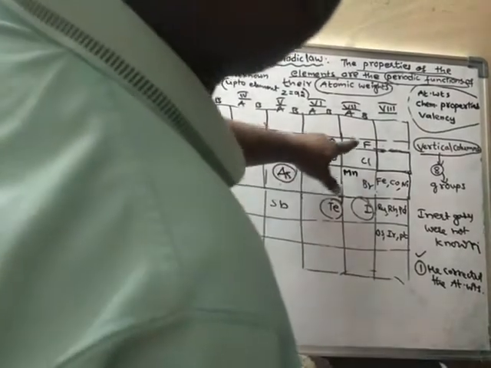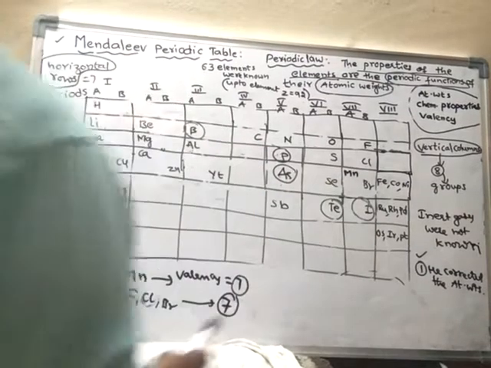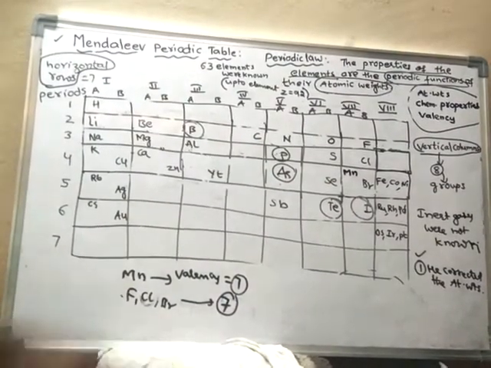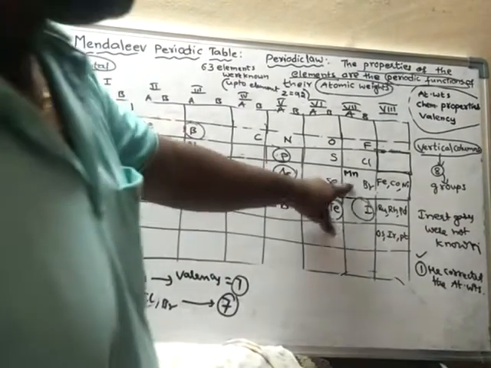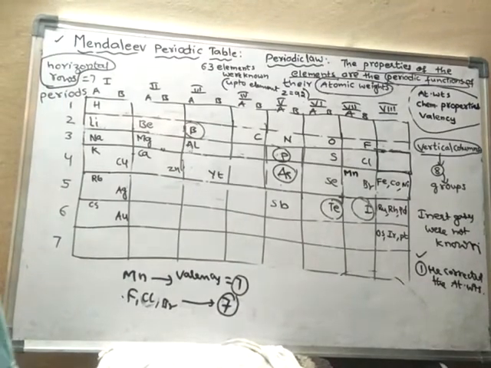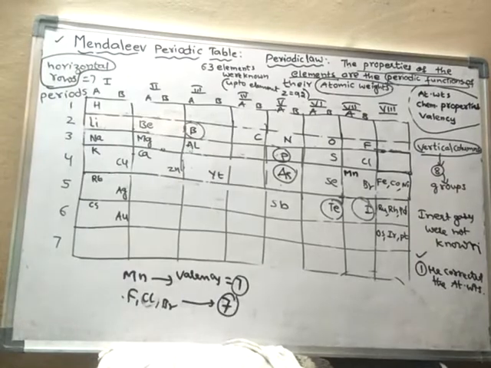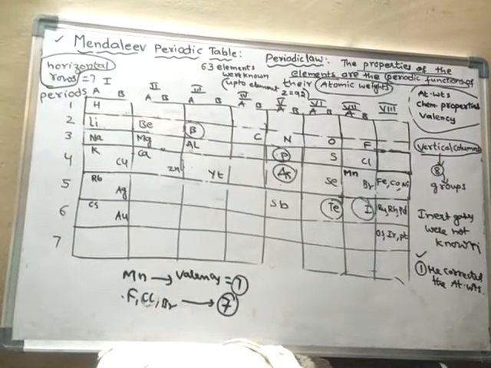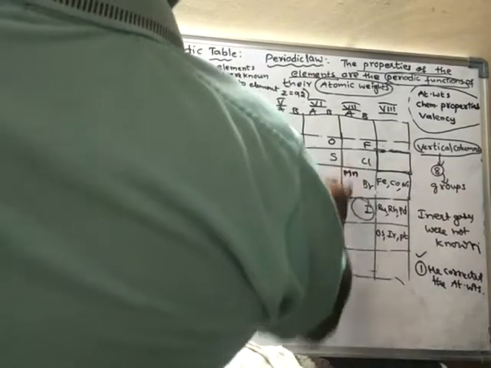But here the properties are not repeated. The properties are differing. So that means manganese is placed wrongly. It should not be placed along with these group members. Dissimilar elements are placed together.